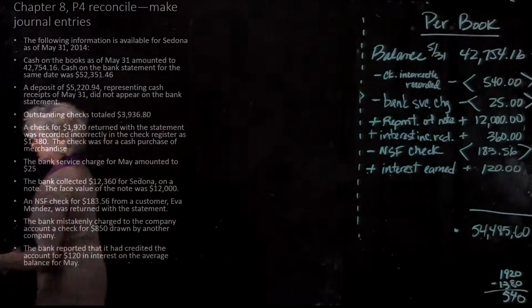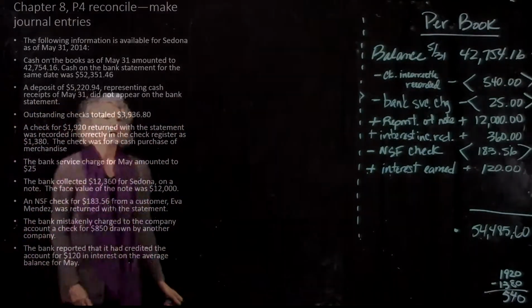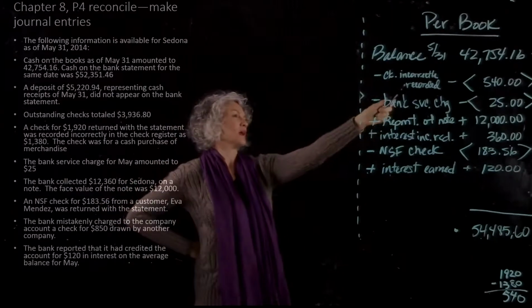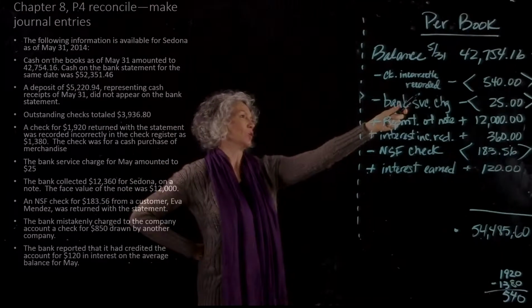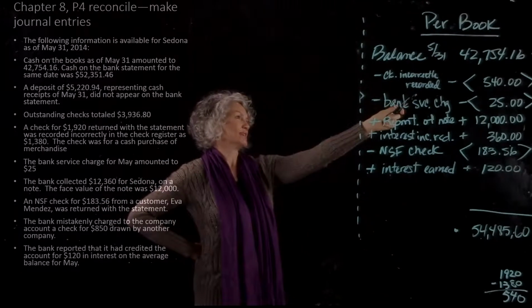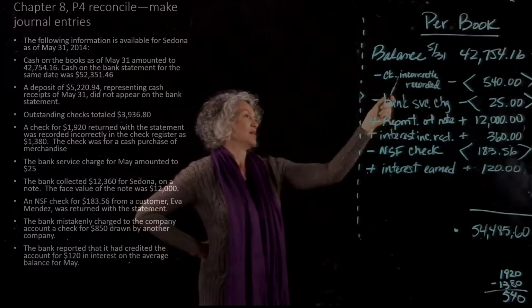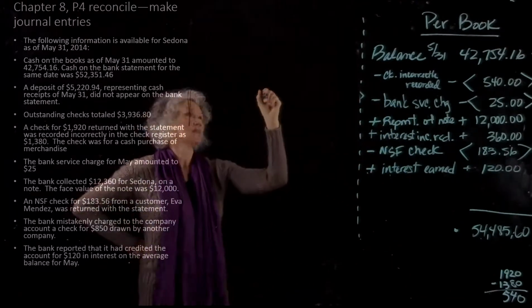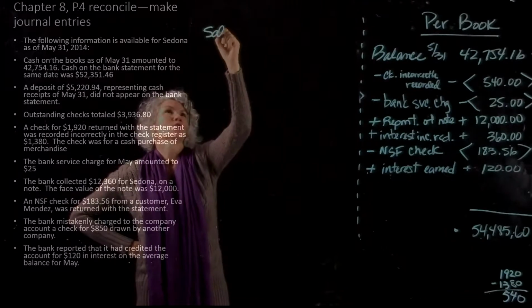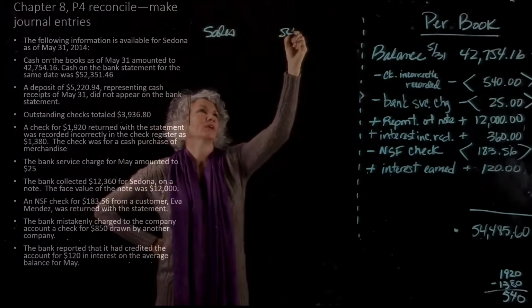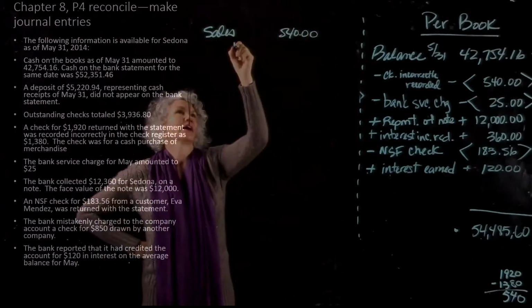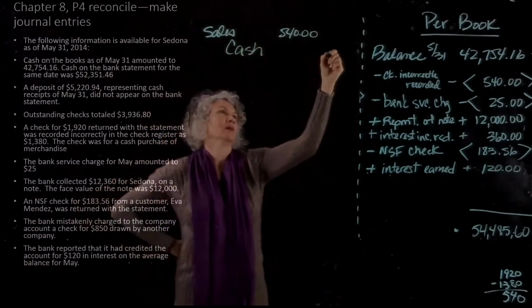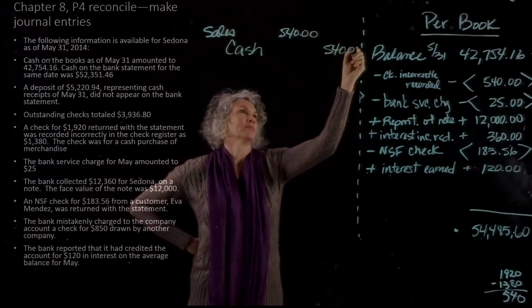Okay, let's make some journal entries. Okay, so check incorrectly recorded. They said it was for a sale, okay? So I've got sales over recorded by 540, and I've got cash over recorded by 540.